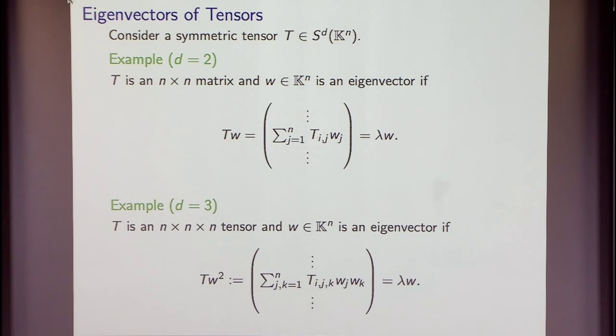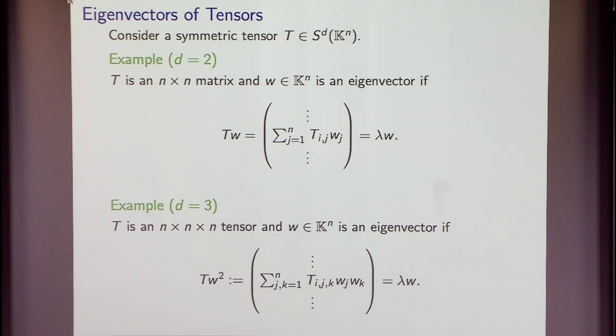For d equals 3, when we have an n by n by n tensor, w is an eigenvector if Tw squared, which is again a vector whose ith entry is the sum over j and k of Tijk times wj times wk, is parallel to w. So this is a generalization of the definition for matrices.